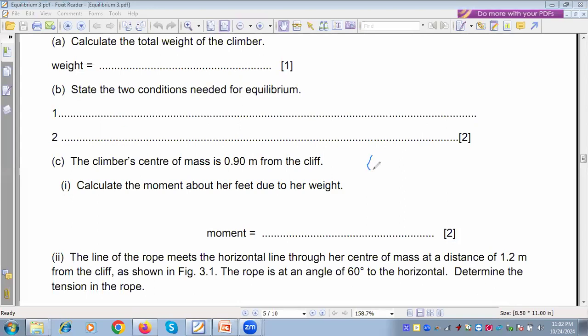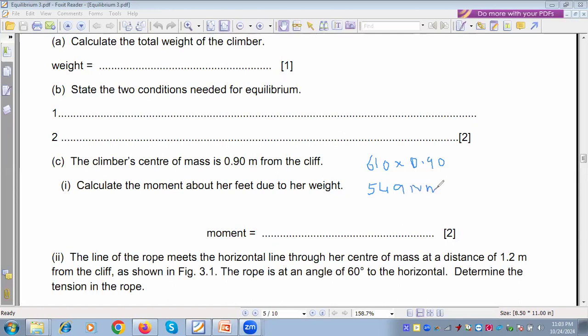So if we take 610, force into perpendicular distance, 610 into 0.9, 549 Newton meter.